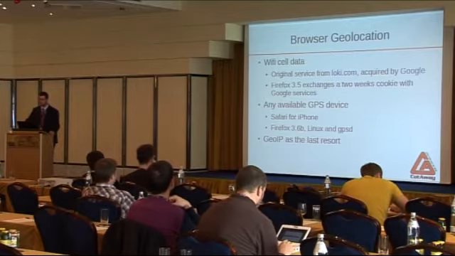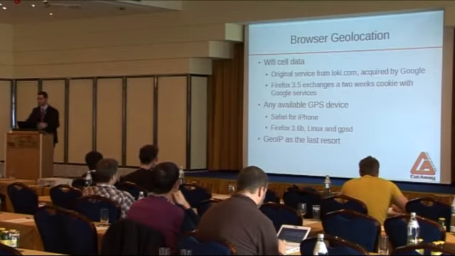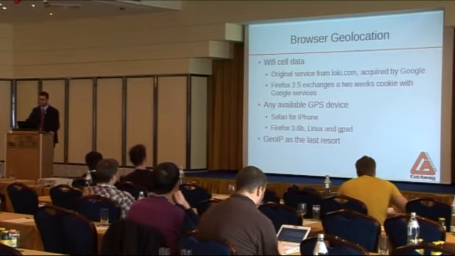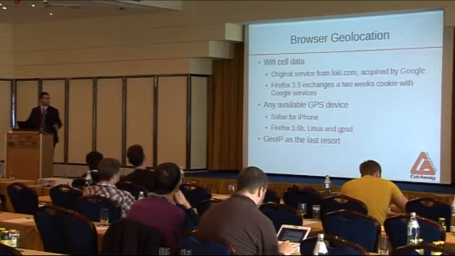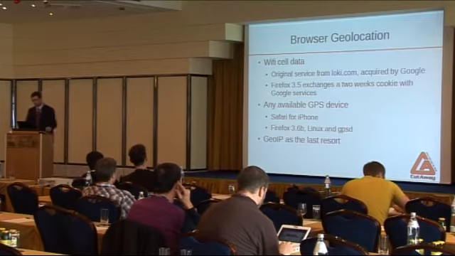Later, it was acquired by Google, and now Firefox 3.5 exchanges a 2-week cookie with the Google services providing geolocation. Then it could look up if there is any available GPS device, like Safari for iPhone does, or the latest beta of Firefox does with Linux and the GPSD daemon. As a last resort, it will use GeoIP, an old friend.